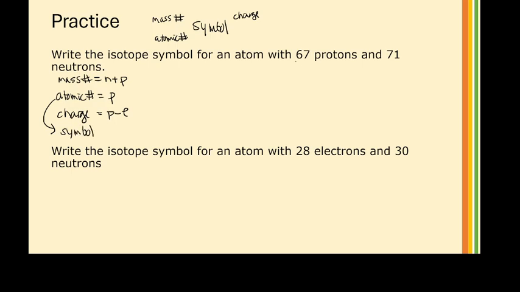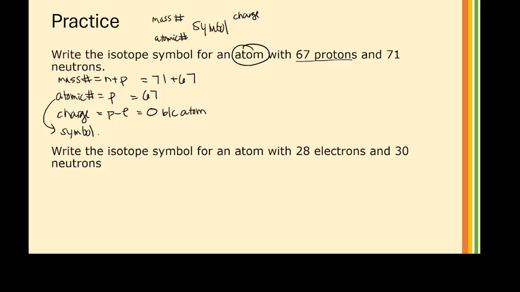Okay, so I know I have 67 protons. So this is 67. And 71 neutrons, so this is 71 plus 67. And it says it's an atom, and atom means neutral, so I don't really need to do any calculations.